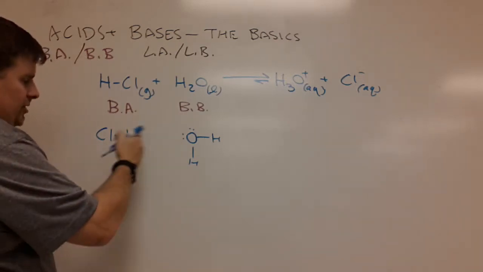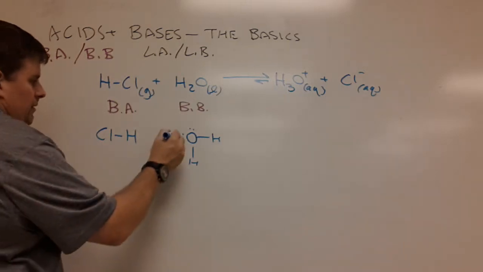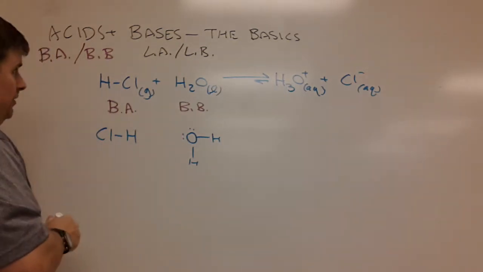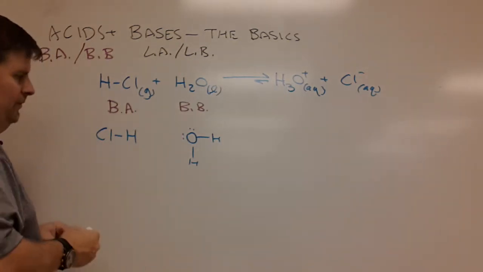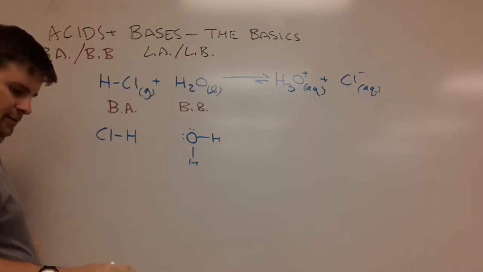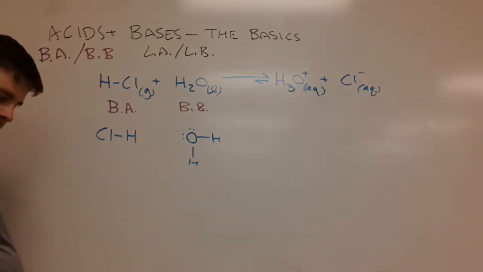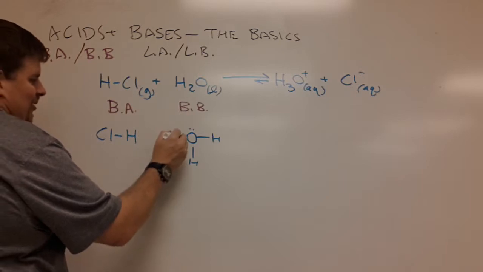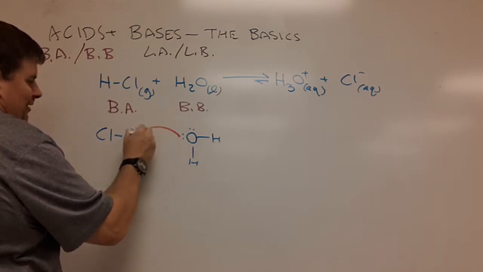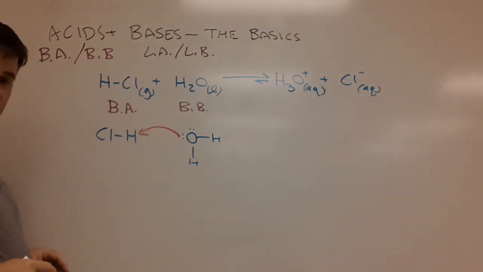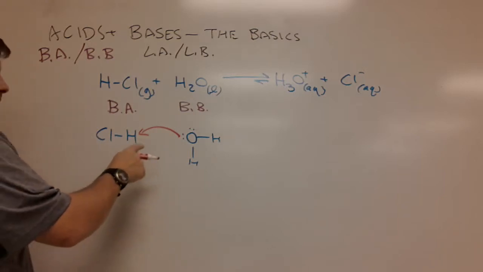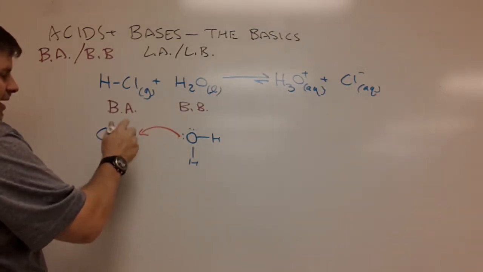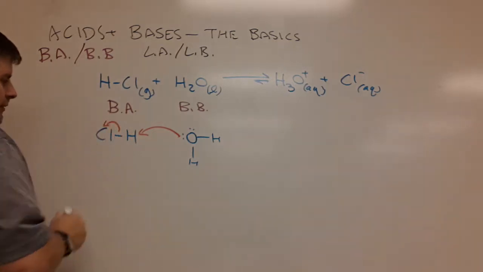So now the electrons have to transfer to the hydrogen. So these electrons, and I haven't used red yet, so I'll use red, are going to move directly to that H. And in doing so, what they're going to do is push electrons from that H to that chlorine.